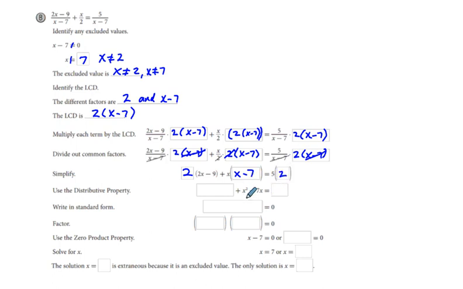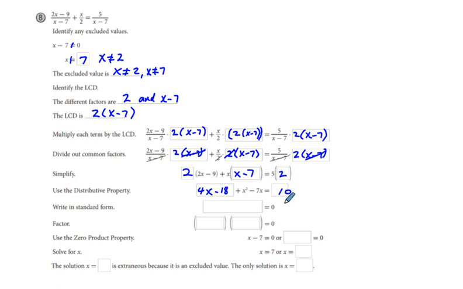And then we end up here on the left side with 4x minus 18 plus x squared minus 7x, because x times x is x squared, x times negative 7 is negative 7x, equals 10.